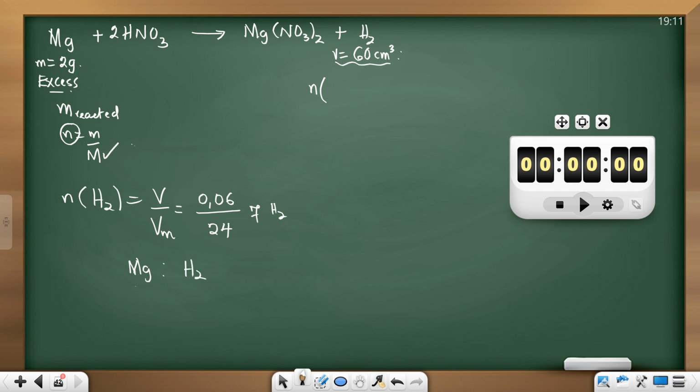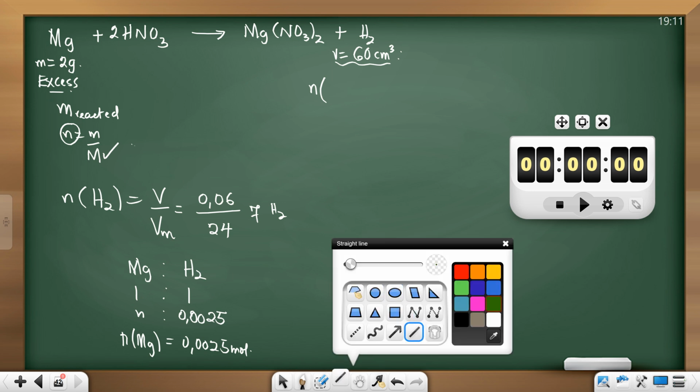Mg and H2, 1:1, right? So it's going to be 0.0025. Right? So what is the number of moles of Mg? Cross multiply. Are we fine there?